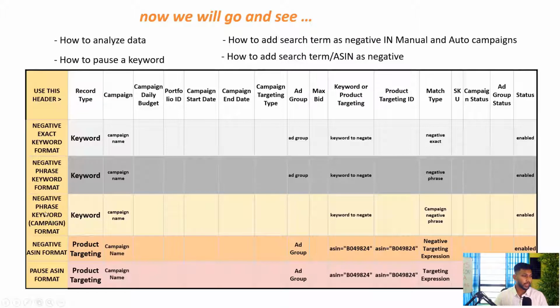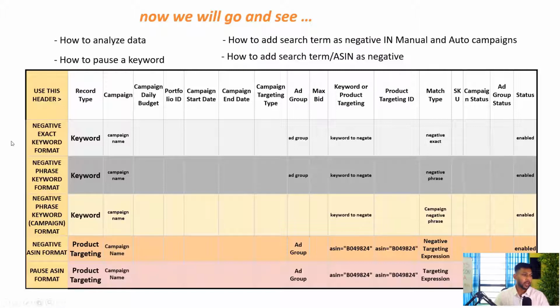If we have to do negative phrase not on keyword level but on campaign level, then we have to use this format, because it may happen that you have a lot of ad groups running. That is why we need to do it at campaign level, but I do it very less, even in our ad agency.